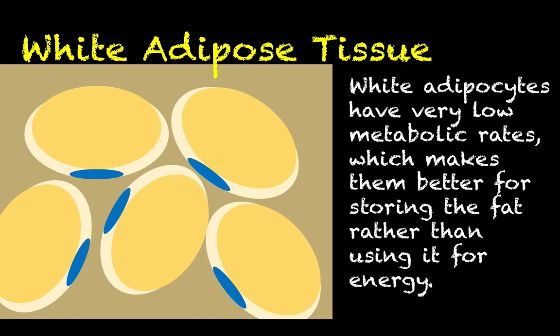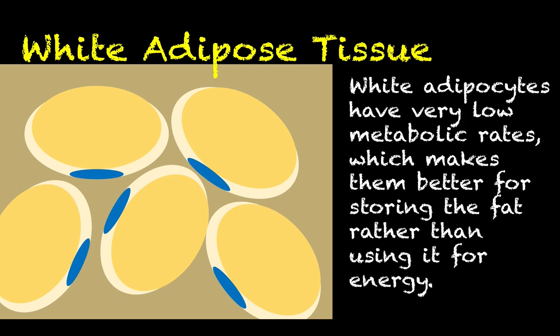But what we're going to see here is that white adipose cells, which are called white adipocytes, have very low, very slow metabolic rates, meaning that when these cells store up fats, they're not doing it for their own benefit, right?